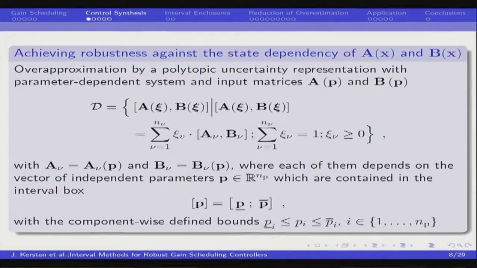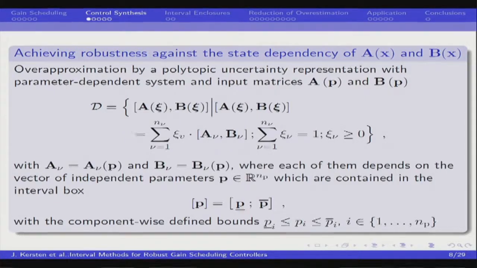That means that we have to reformulate the system once again, so that we have the system and the input matrices dependent on the vector of independent parameters. And this vector is then, of course, an interval, and it includes all possible parameters.